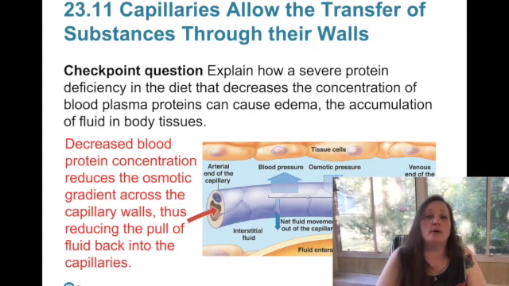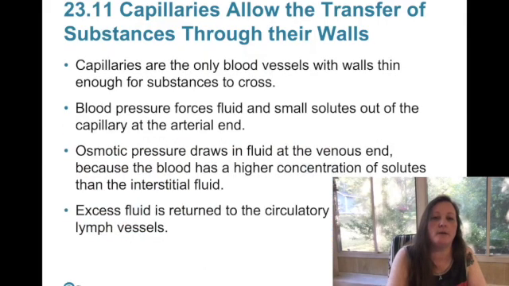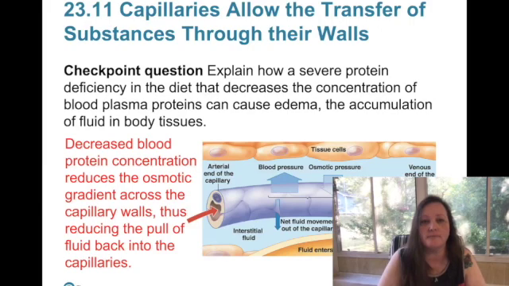Explain how severe protein deficiency in the diet, which decreases the concentration of blood plasma proteins, can cause the accumulation of fluid in body tissues. Apparently I skipped right past the question and just gave you the question and answer together.